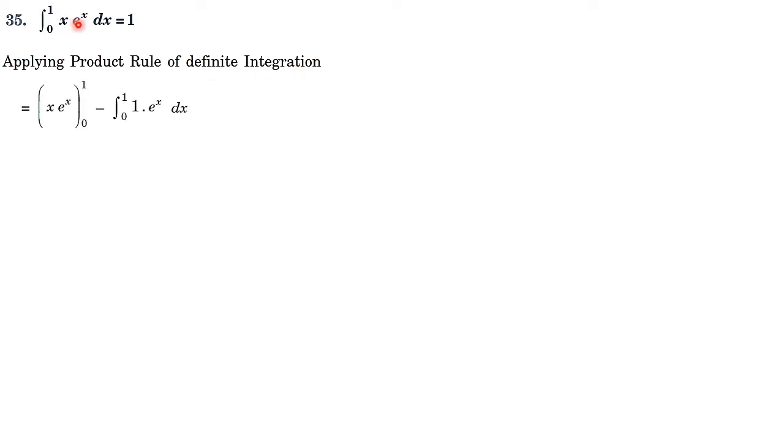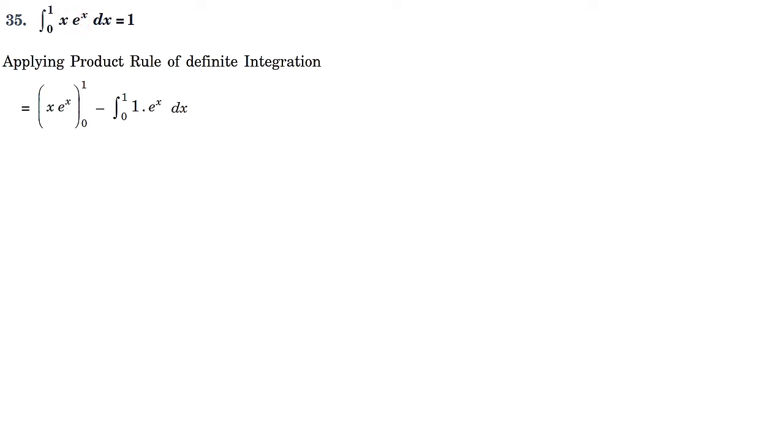Next we shall discuss the 35th question. Integral 0 to 1 of x into e raised to x dx is equal to 1, that we have to prove. So applying the product rule of definite integration, x e raised to x, x is algebraic and e raised to x is the exponential one. So by using ILATE the order is okay.